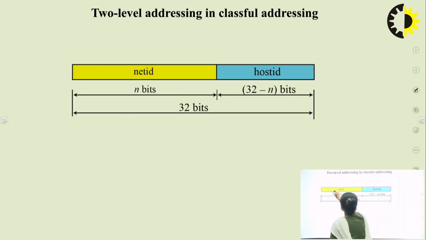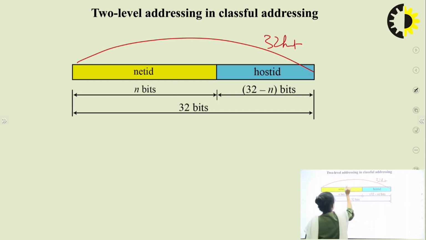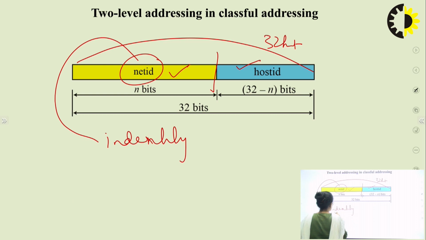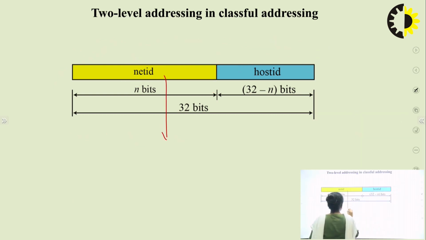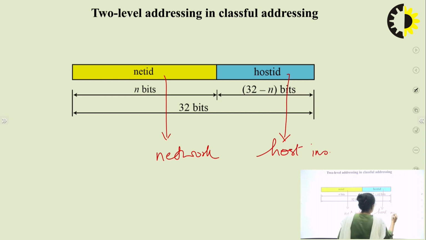So the division is something like this. If this is the entire 32-bit address, we divide it into 2 parts, the net ID and the host ID. The net ID is used to identify the network to which the system belongs, and the host ID is used to identify a host inside the network.